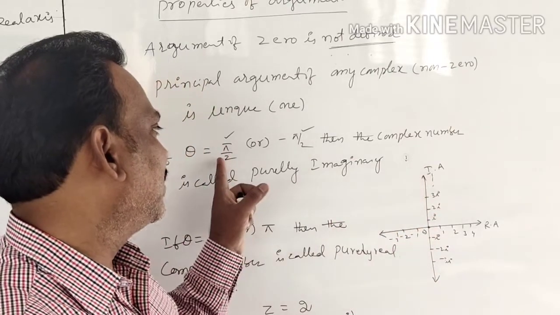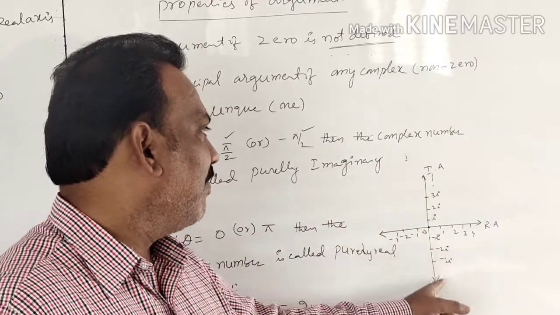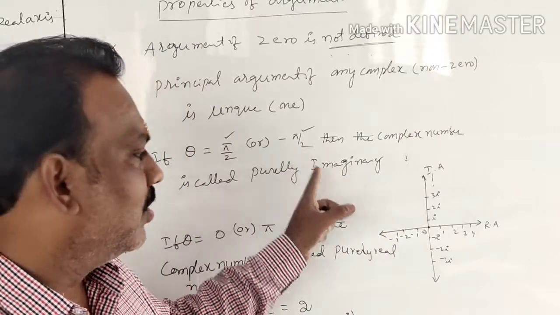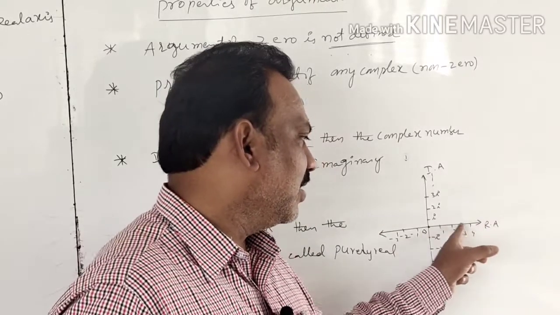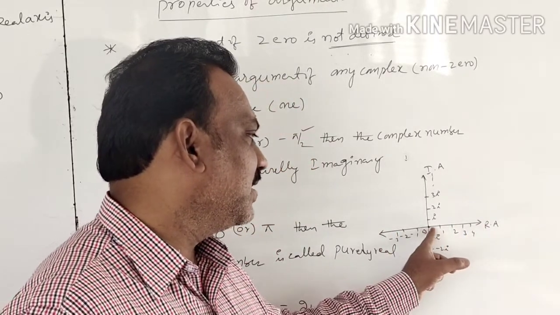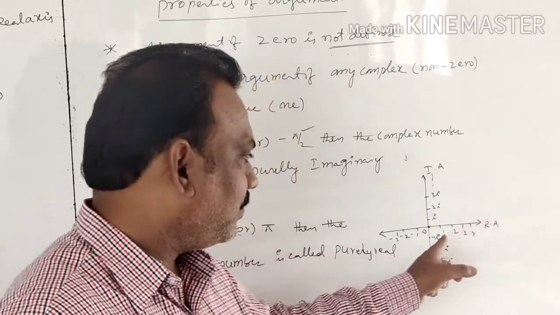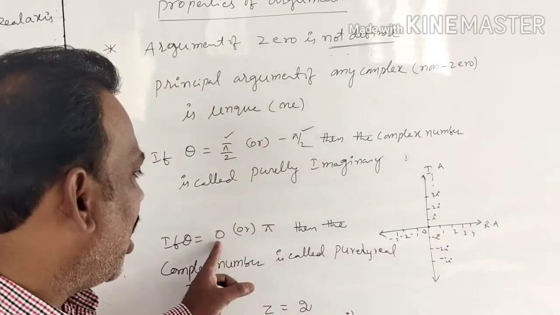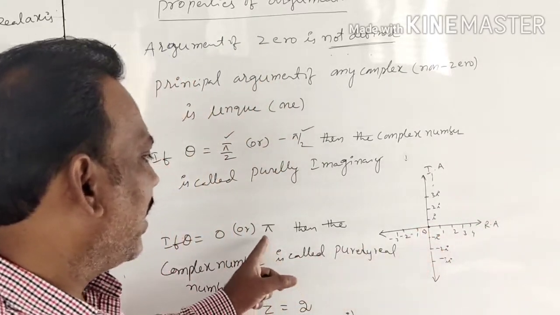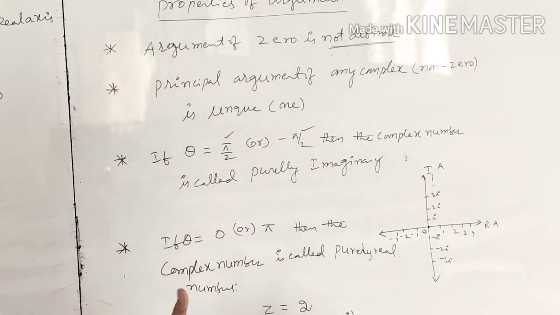For positive values you can write pi by 2 straight away, and for negative values it will be minus pi by 2. Like this, if the points lie on the real axis, then on the right side of the origin you write the argument as 0, and on the left side you write pi. So these are the very, very important properties of the argument of a complex number.